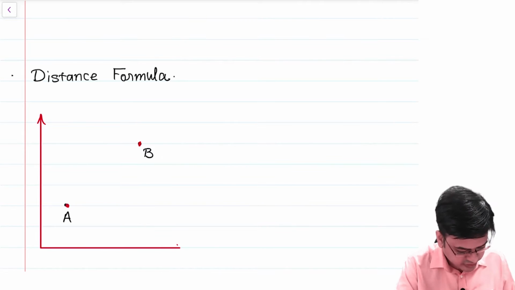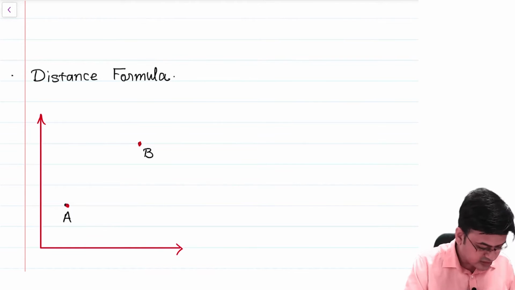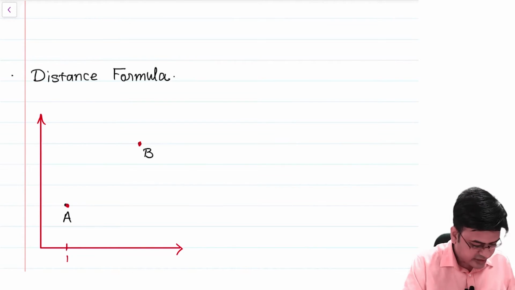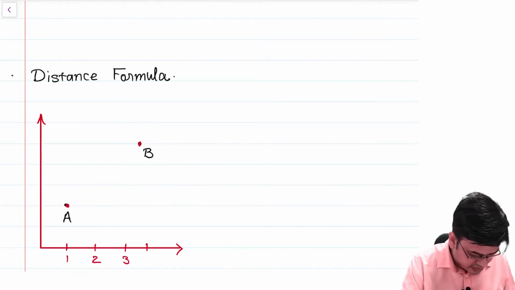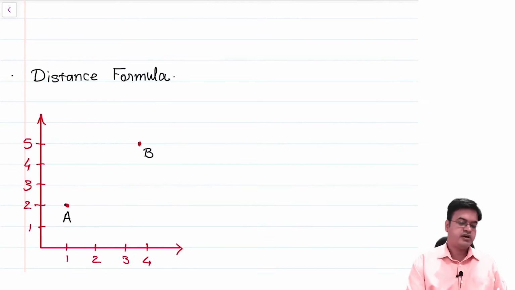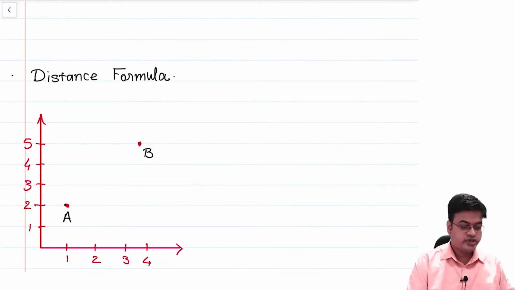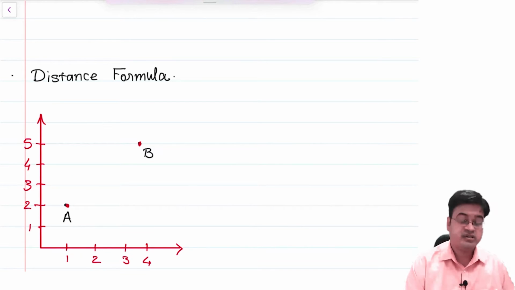Let me put arrows here in order to denote the rectangular coordinate system, and these 2 points are now placed in the rectangular coordinate system. I can uniquely identify the points over here, and on the y-axis let us say this is 1 unit, this is 2, this is 3, this is 4, this is 5. Now I am asking you a question: what is the distance between these 2 points? Therefore I need to identify the points A and B with respect to our coordinate system.